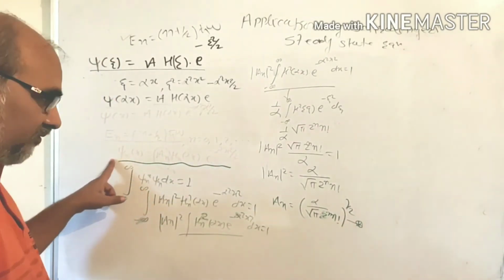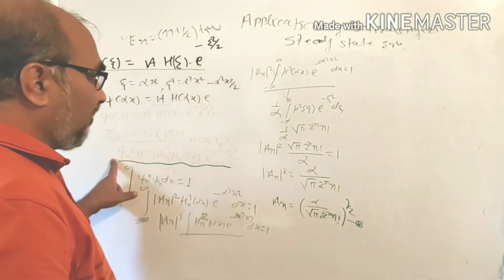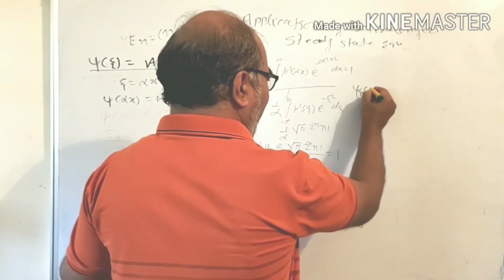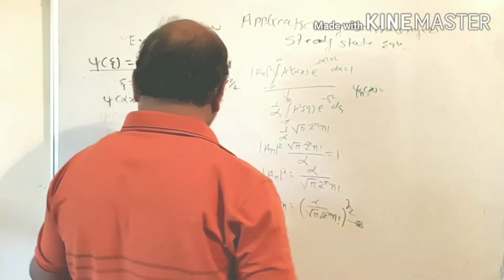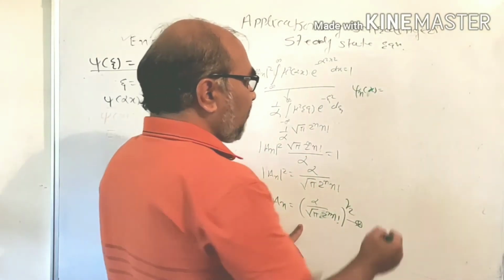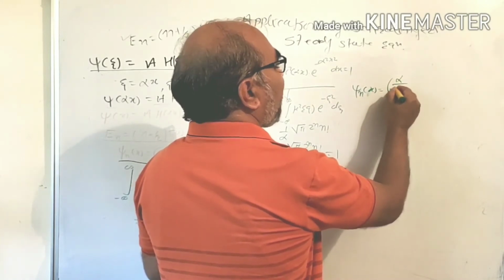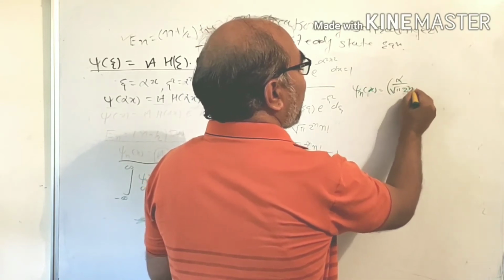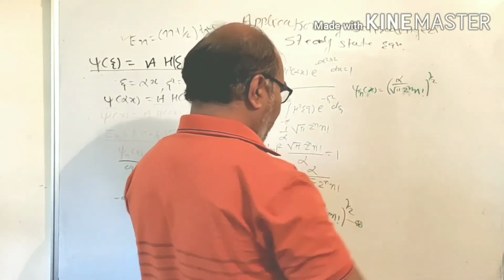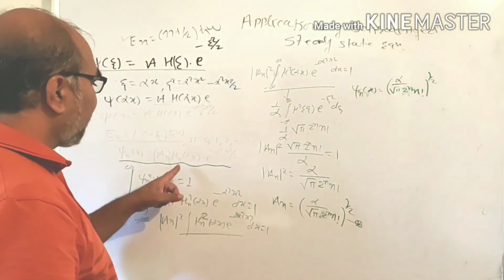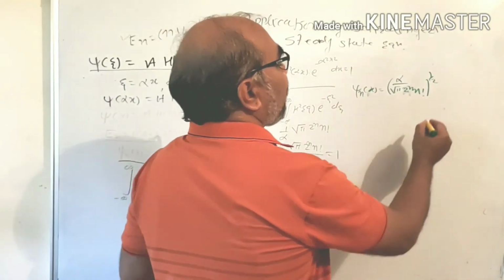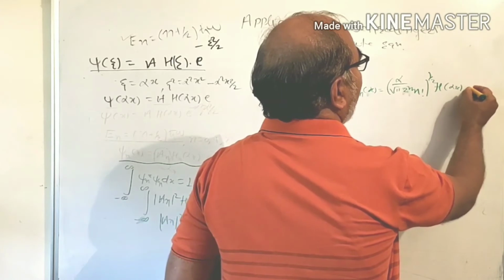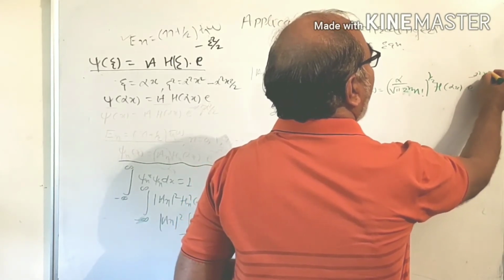We get a general expression for the wave function, which can be written as psi n of x is equal to (alpha divided by root pi 2 raised to n factorial) raised to 1/2, which is the normalization constant, into H of zeta, or alpha x, into e raised to minus alpha square x square by 2.